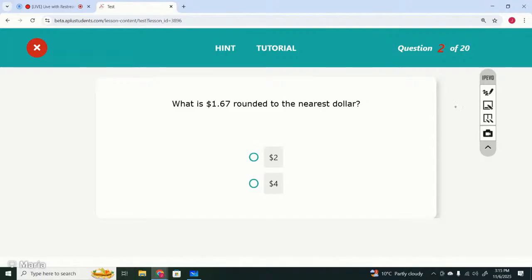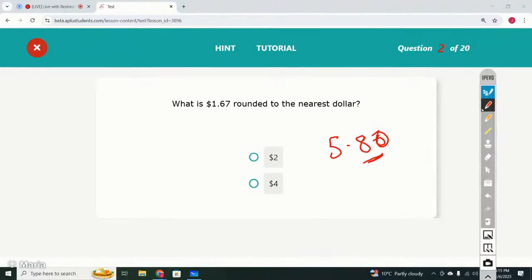What is $1.6 rounded to the nearest dollar, right? So look at the digit that is at the ones position. The digit that is at the tenths place is 6. 6 is greater than 5, so you need to round up.